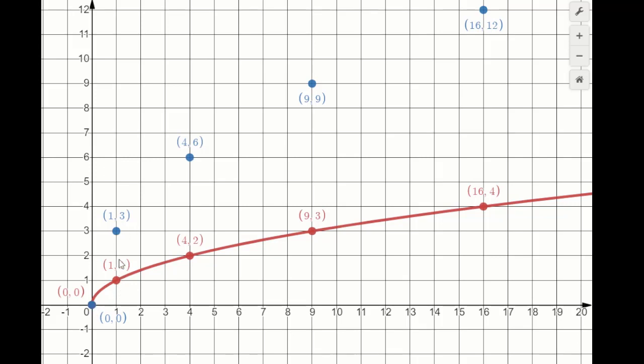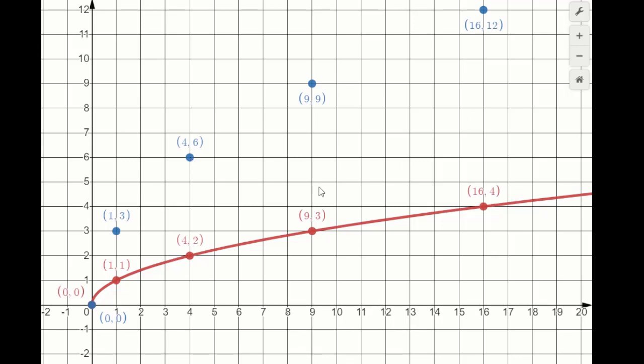Let's check for consistency. The y values here are all consequences of multiplying the original y value by 3. It was y equals 1 on the parent function, now it's y equals 3. It was y equals 2 on the parent function, now it's y equals 6, and so on.